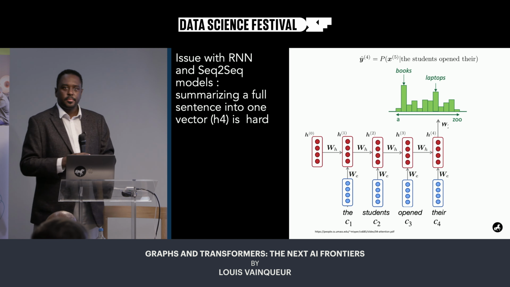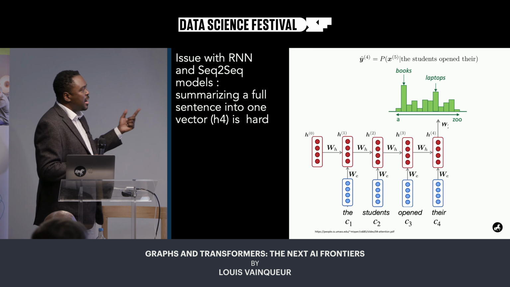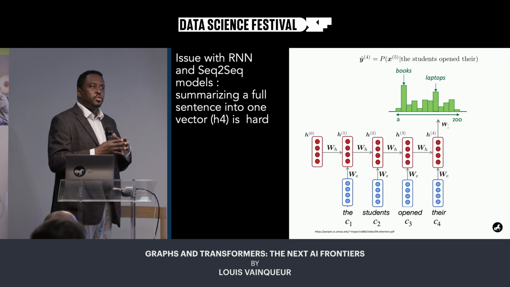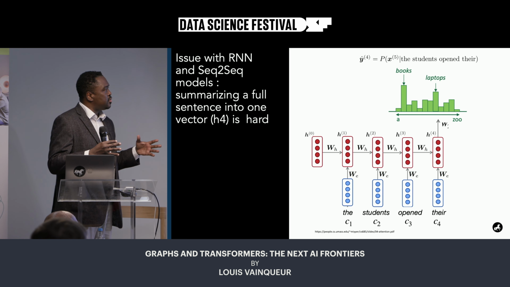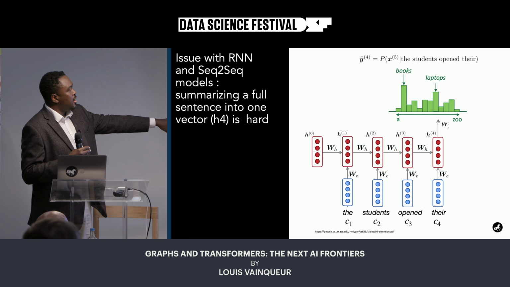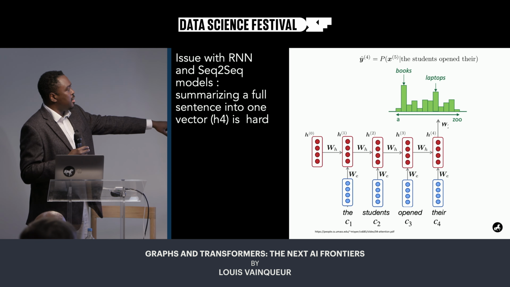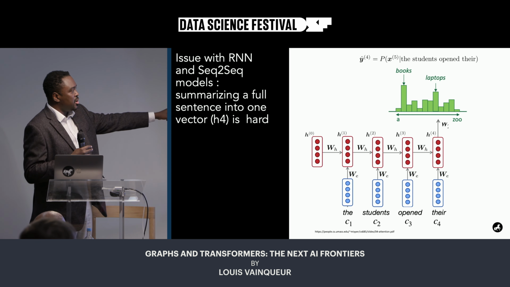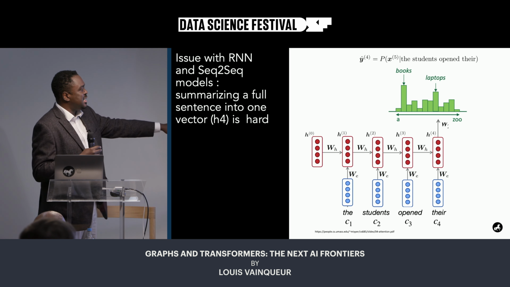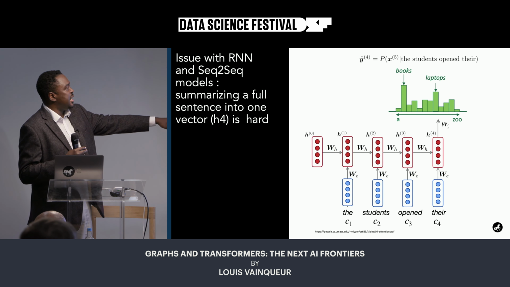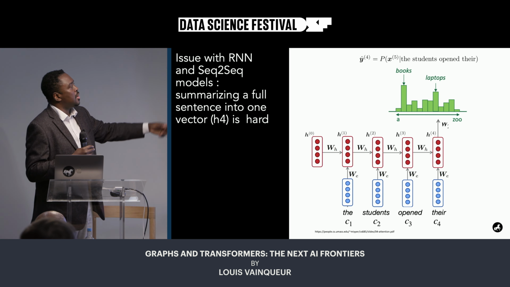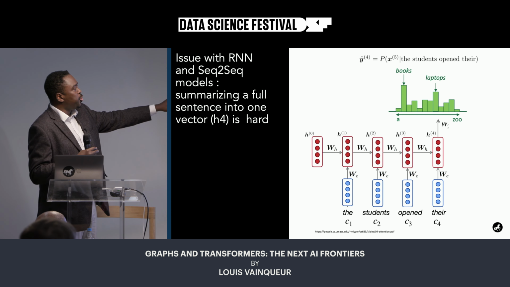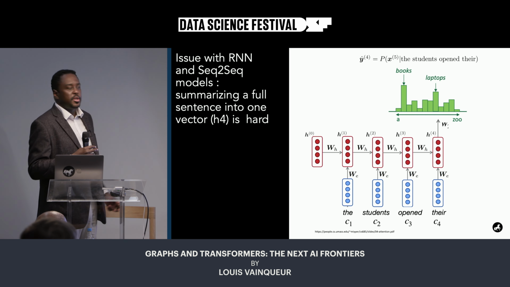And so the problem with this is that in order to create those models, what you see on this page is a sentence where we are trying to predict the next word. We already have "the student opened their", and we don't know which word it is, but it will put probability on different words.